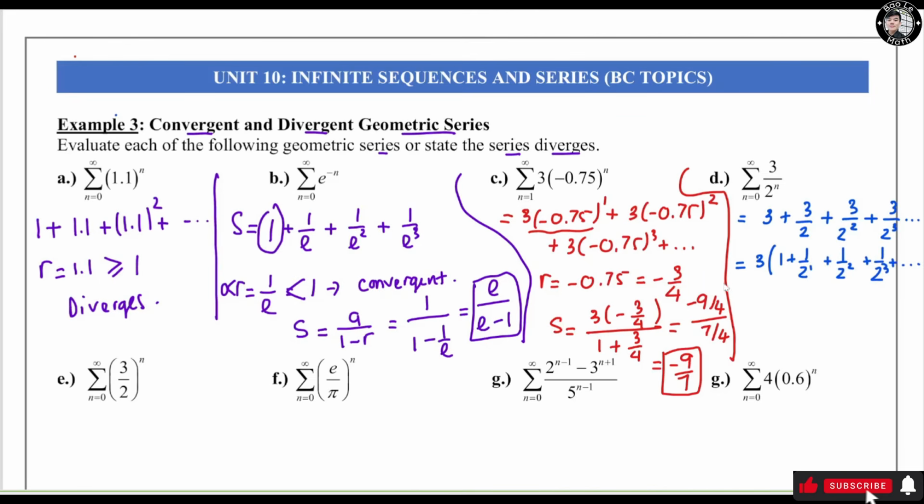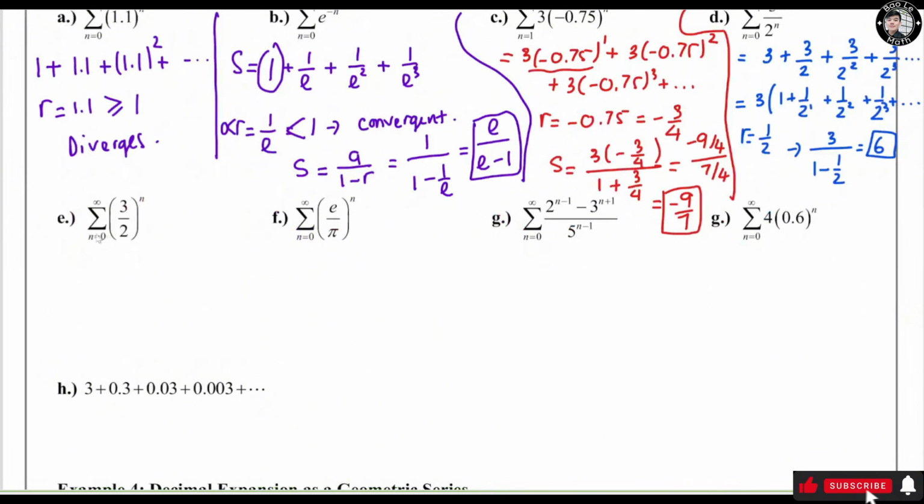And observe that the common ratio is 1/2, which is greater than 0 and less than 1. And the first term is 3, so the sum is going to be a1, which means 3 over 1 minus 1/2. So it's going to be 6.